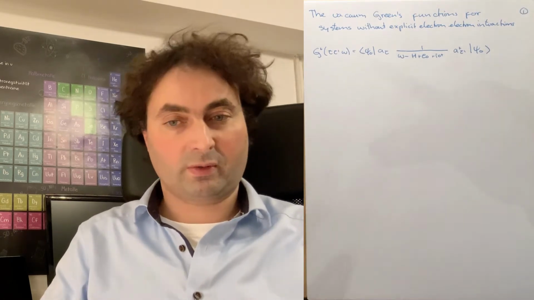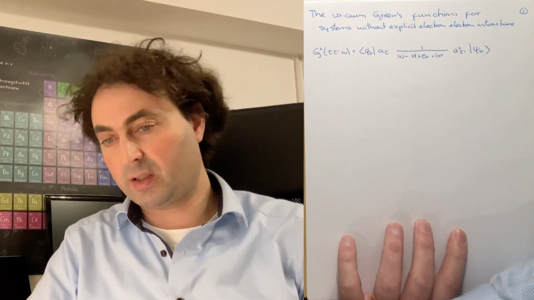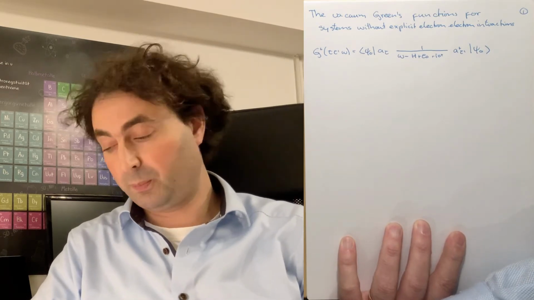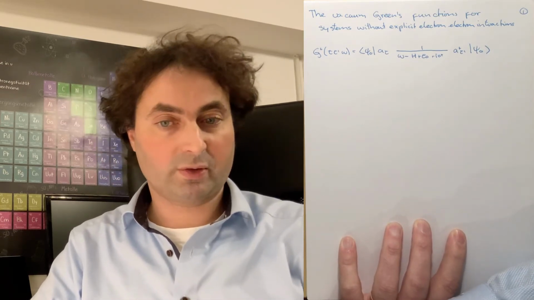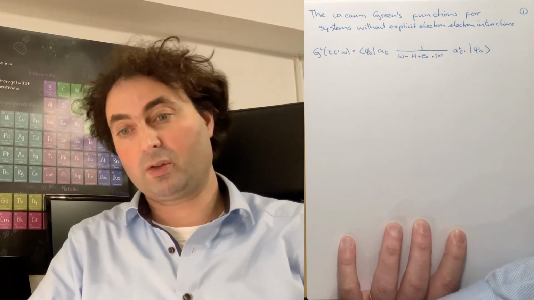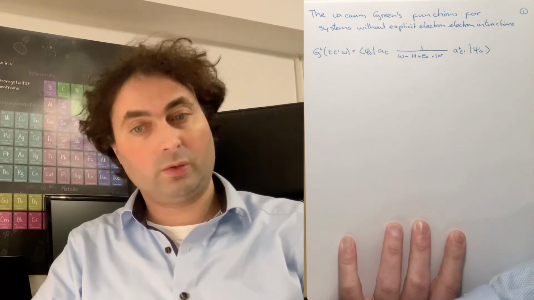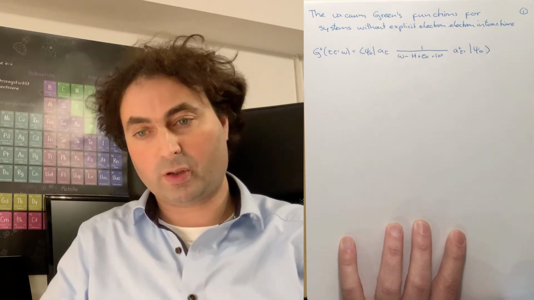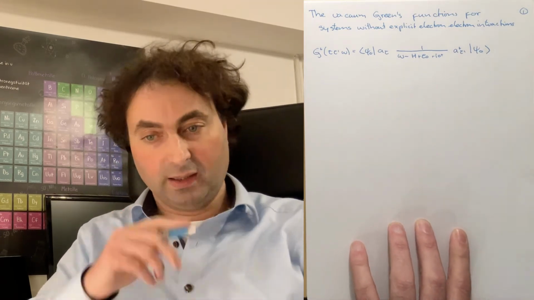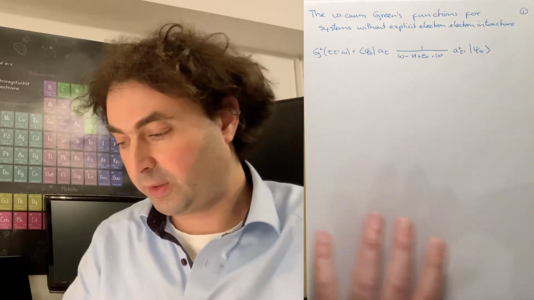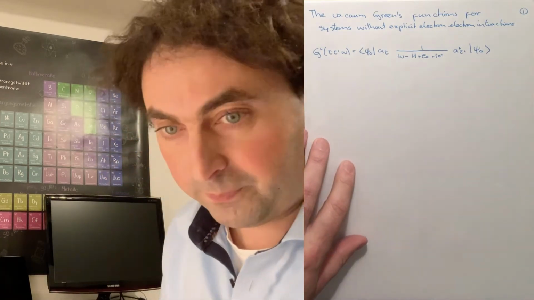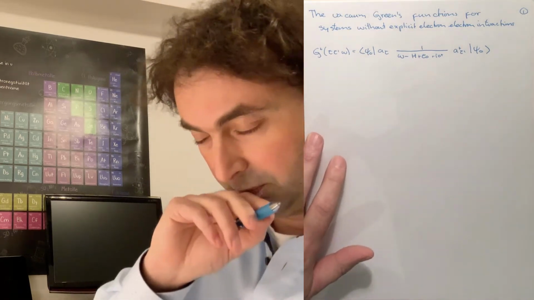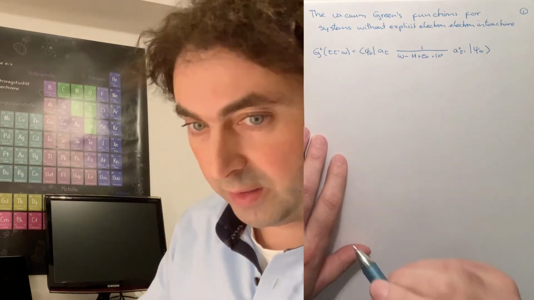And representing the ground state wave function for a many-body interacting system is very difficult and can scale exponentially with your system size. So we would like to find ways to calculate our Green's functions without the need to calculate the ground state. So can we calculate our Green's function without knowing what our ground state wave function is?